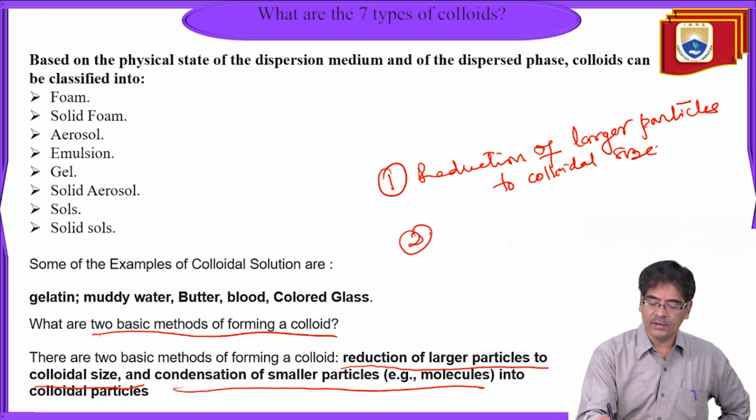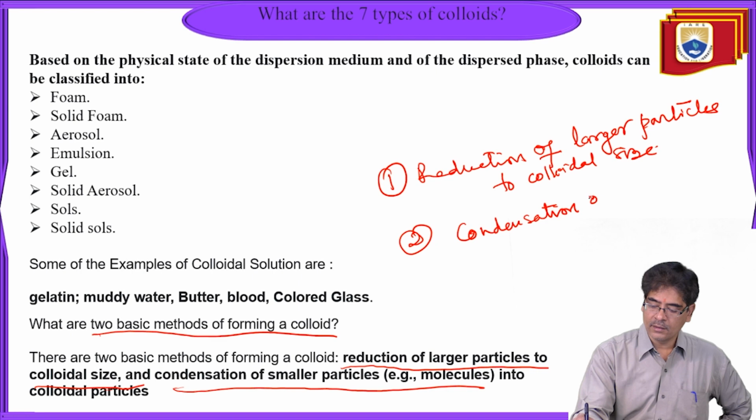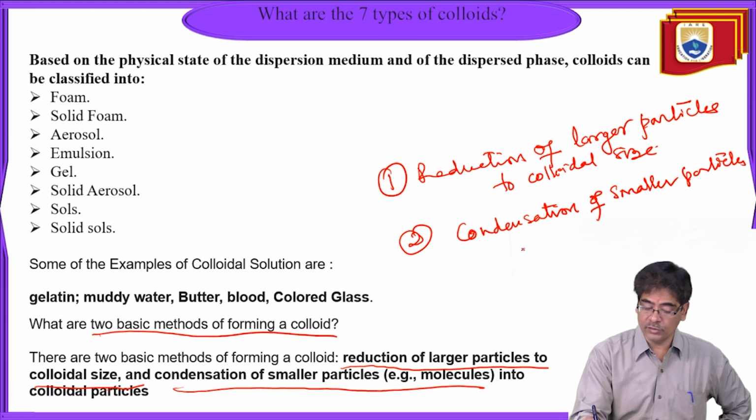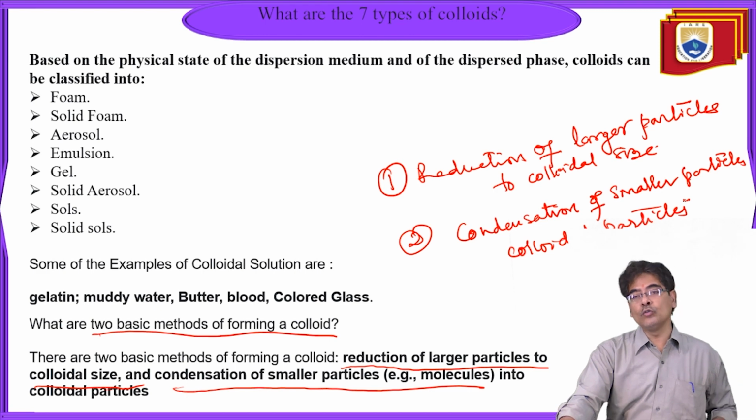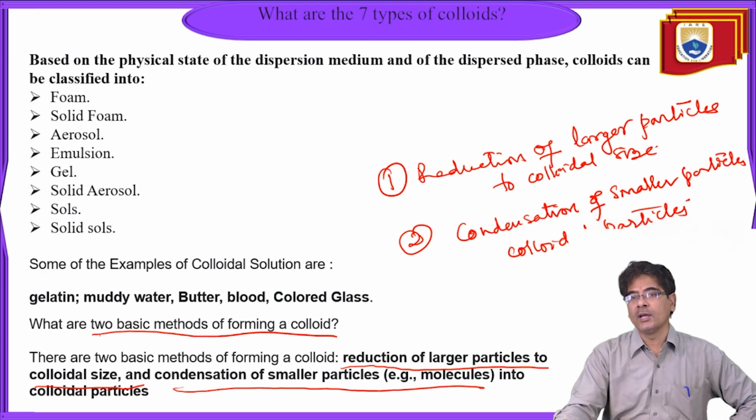And second one is condensation of smaller particles, for example molecules, into colloidal particles. Right. So these are the two basic methods of forming a colloid.